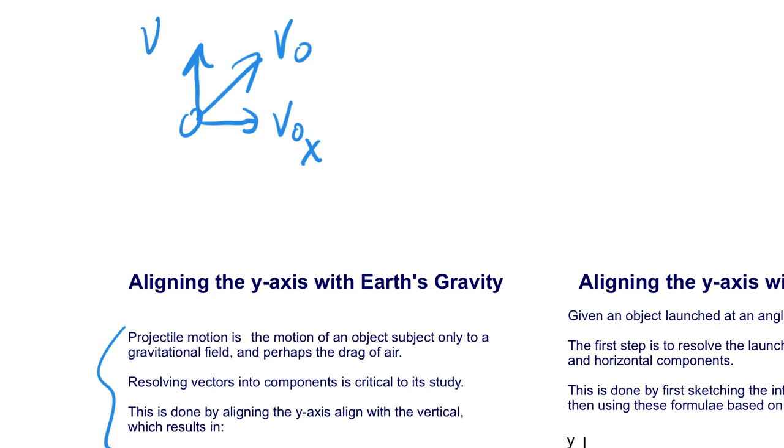And the y component, if I threw it at some launch angle, causes it to rise. So when you launch a projectile at an angle upwards, it has both x and y components. The x component causes the projectile to move forward. The y component causes it to rise.